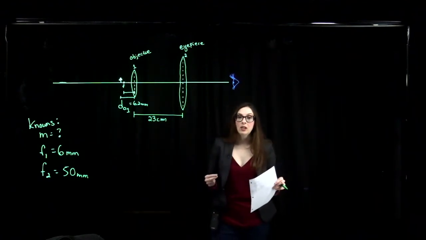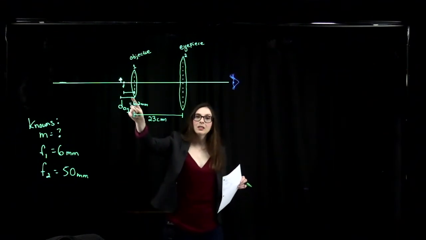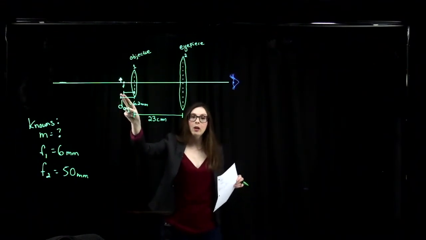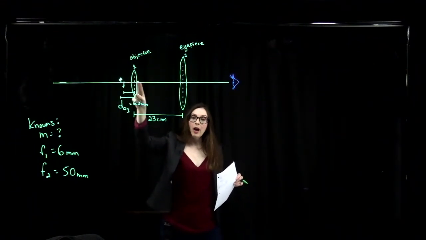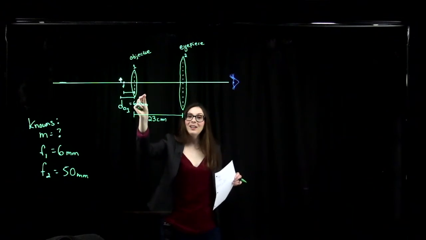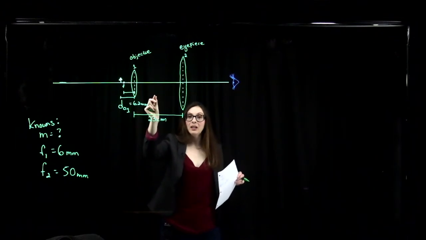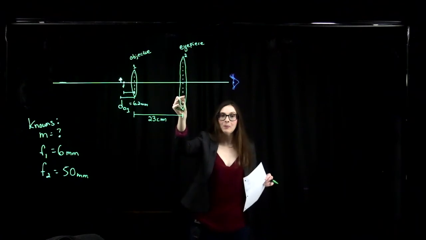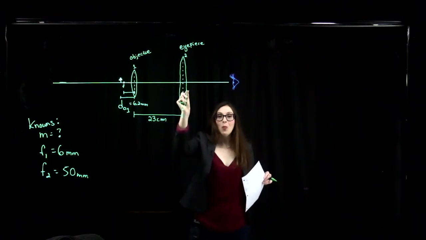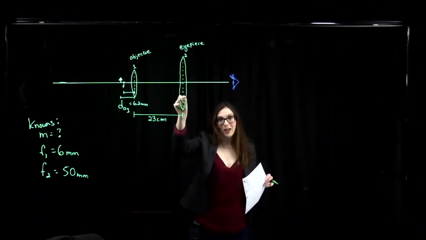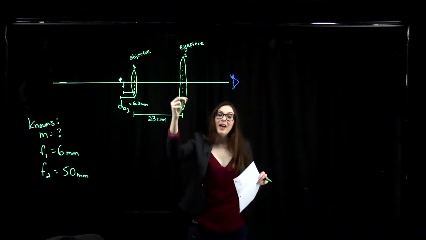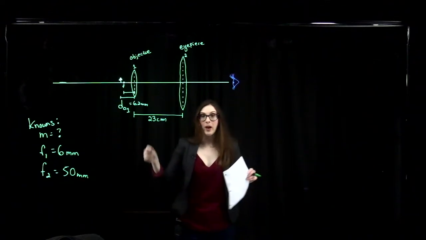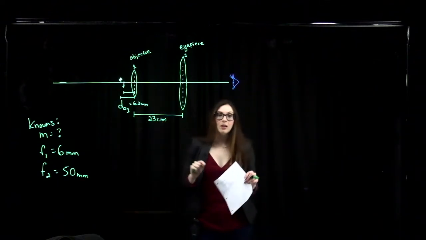What's going to happen in our problem is that we use the thin lens equation for our first lens to figure out where the image will appear. Then you use that image as the object for the second lens. Then you finally figure out where your final image is located. So we're going to use the thin lens equation twice, once for each lens.